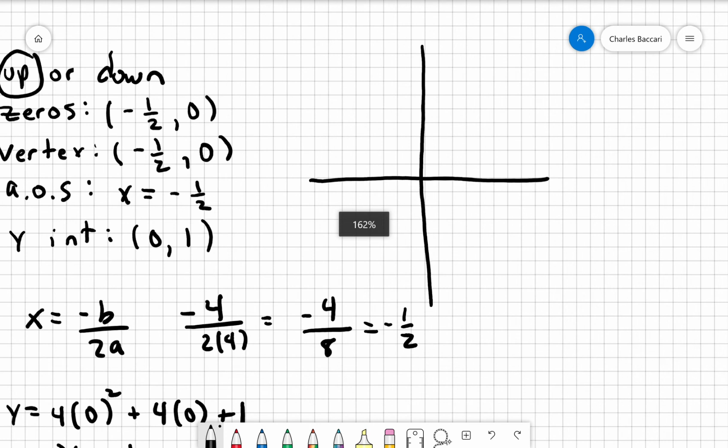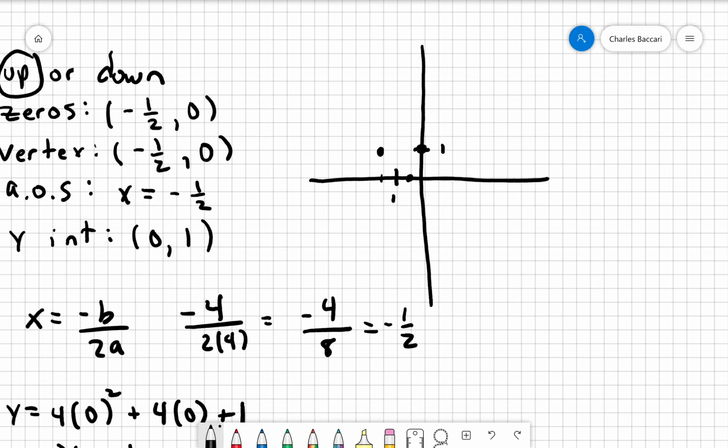So we have this. Let's say that this is 1, so then 1/2 would be right here, and this must also be 1. And so we've got our intercept coming through 0, 1. We've got our negative 1/2, 0. If we go 1 away from this, there should be a point here.